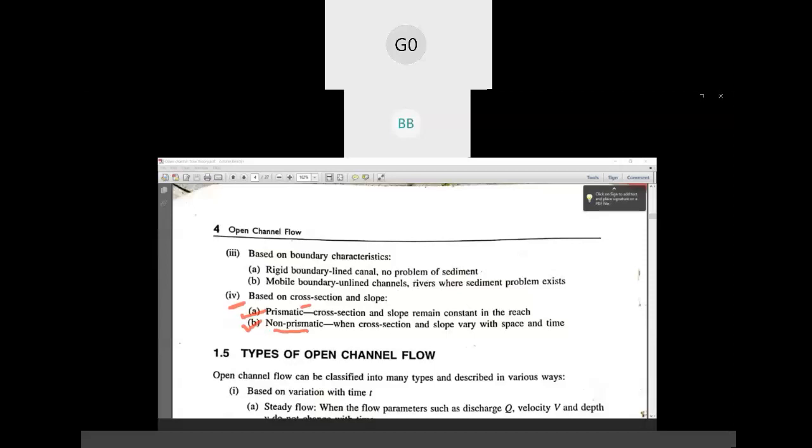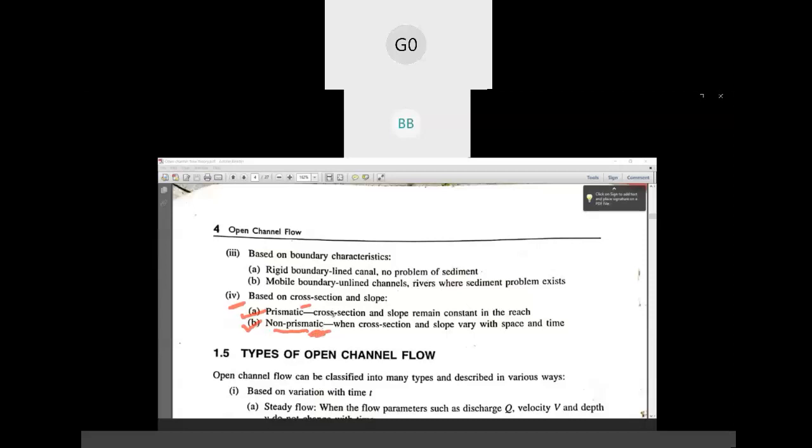because we all know the width of the river is varying, the slope is also varying, and all the parameters we can measure vary with respect to space as well as time in a natural river system. So always remember our river system is a non-prismatic channel.